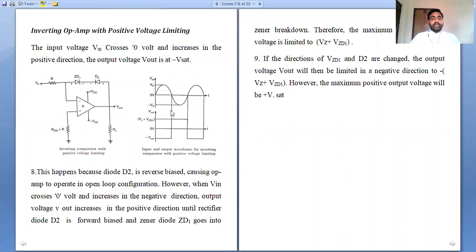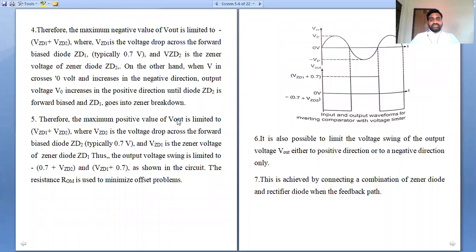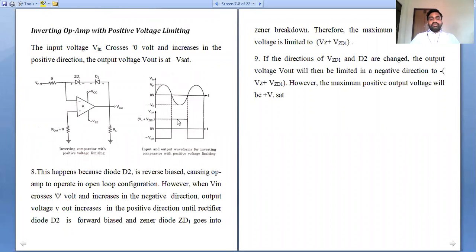That means with the positive voltage limiting, while employing a rectifier diode in series with the Zener diode, the output voltage swings are controlled, okay, and the maximum peak of the output voltage, or plus Vsat, can be clearly observed here when compared to the previous context. Okay, so that is our discussion here. We will come to the next classification.